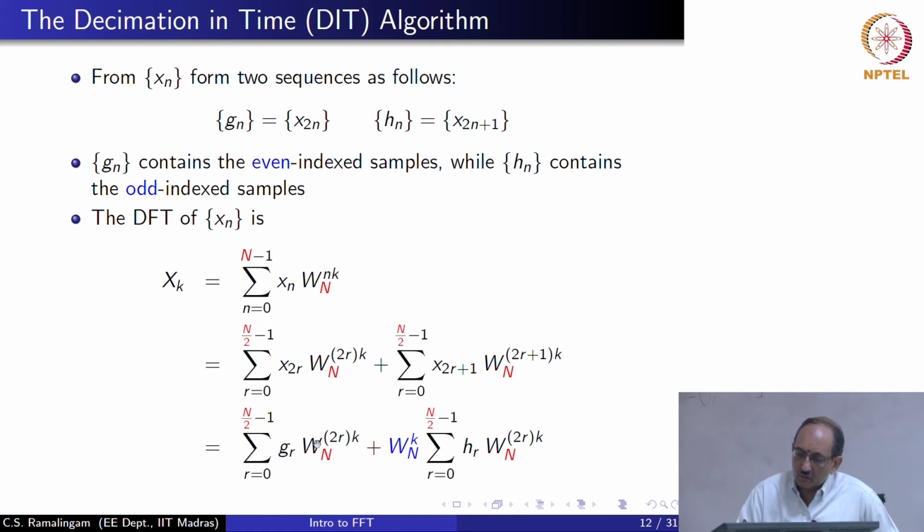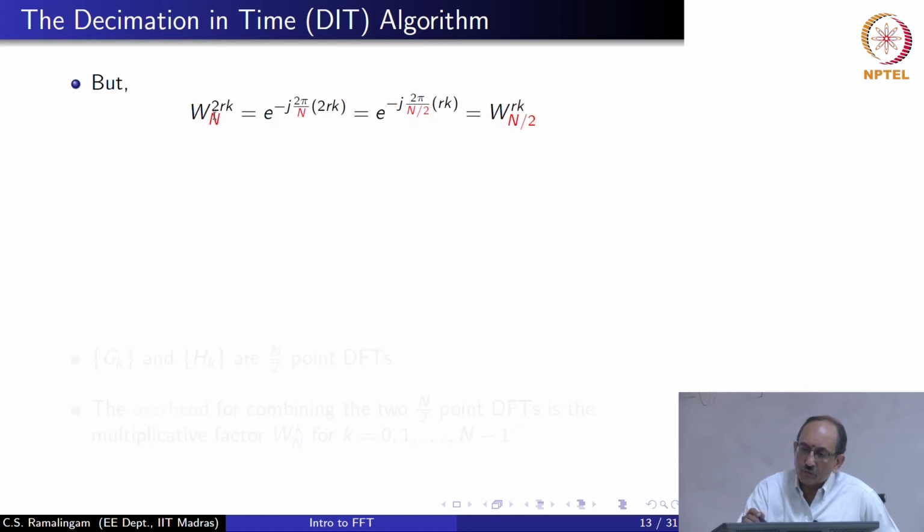And now let us look at W suffix n power 2rk. From the basic definition you get this, W suffix n power 2rk is nothing but e to the minus j 2 pi 2rk by n. And then you notice that you can rewrite this as e to the minus j 2 pi rk by n by 2, and in this form you recognize that this is nothing but W suffix n by 2 power rk.